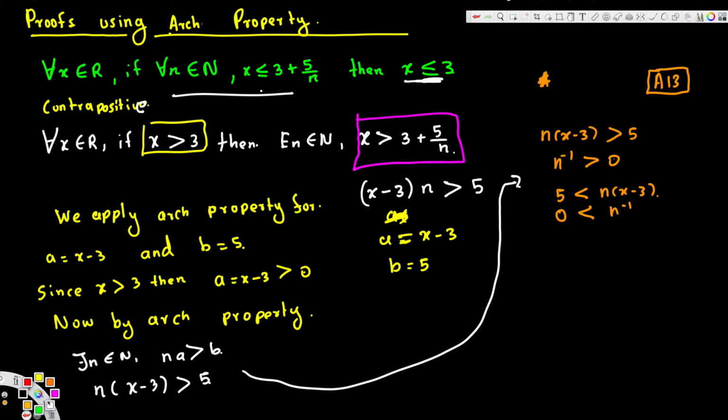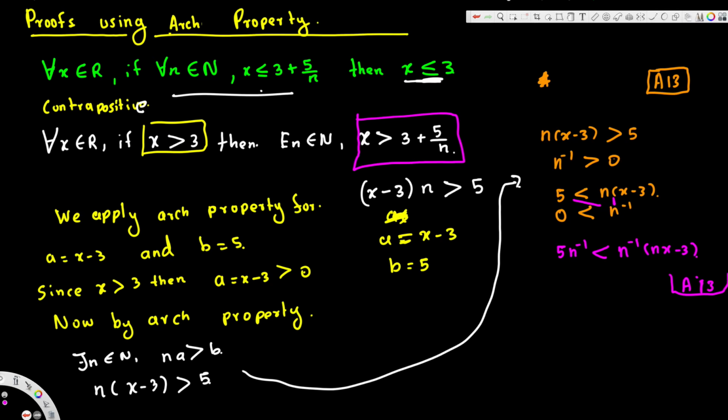Here you multiply: 5 times n inverse is less than n inverse times n times x minus 3. So this is axiom number 13.